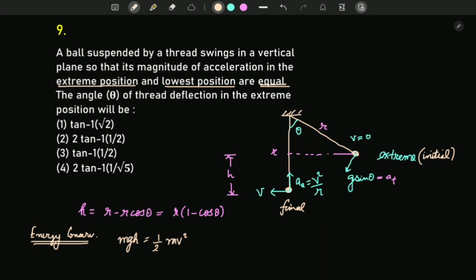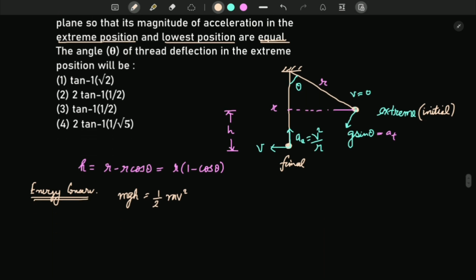So m will get cancelled. I can write 2gh equals v square. So v square equals 2g, and h I am substituting r times 1 minus cos theta. So ultimately I will get v square by r equals 2g times 1 minus cos theta.